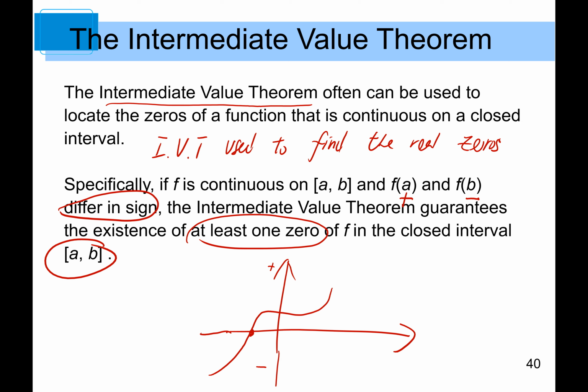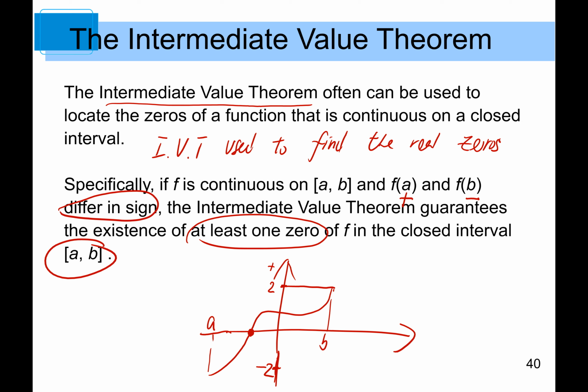Then you see there's a zero here. Let's say this is b, that's a.